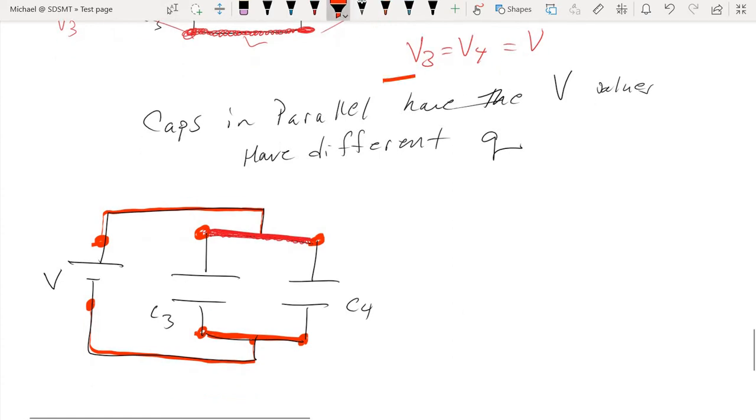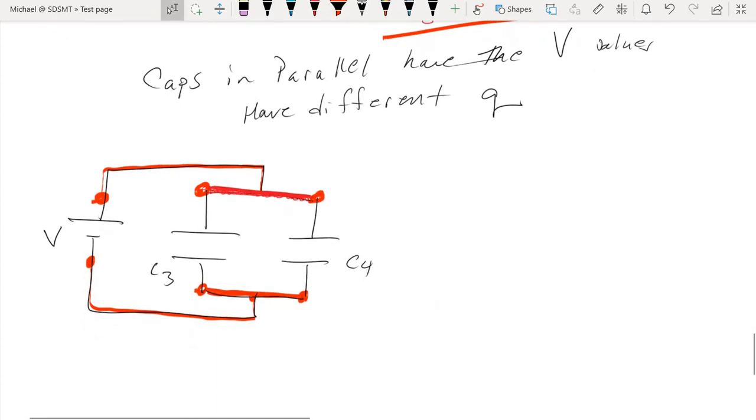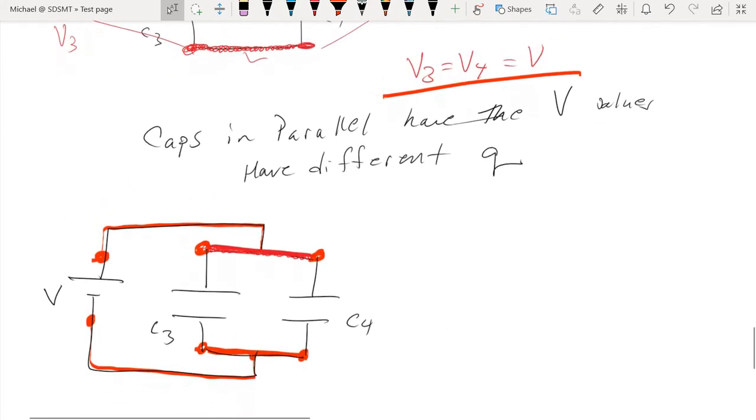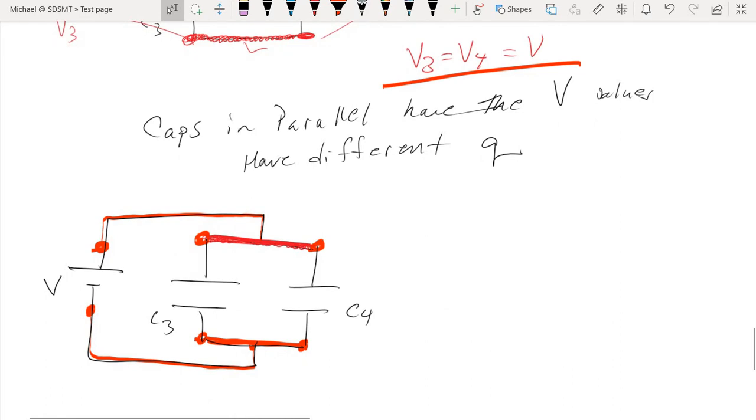Now, please do not take this as a given in every scenario. Your parallel capacitors are not always going to have the potential of the battery. It just so happens that the battery is connected to the top and bottom of those capacitors.